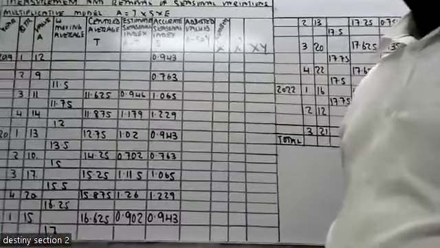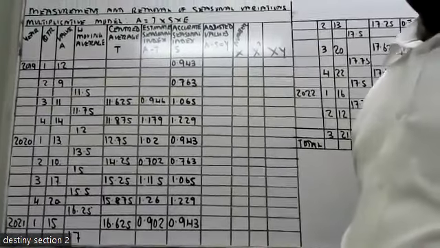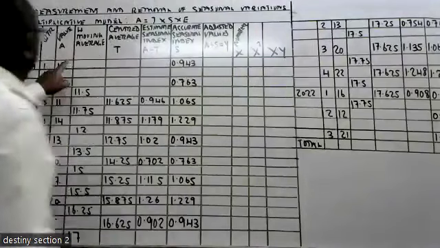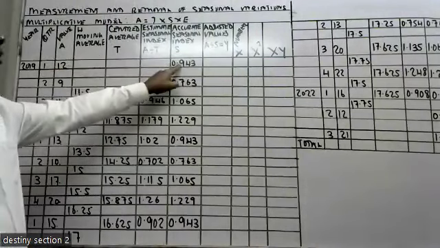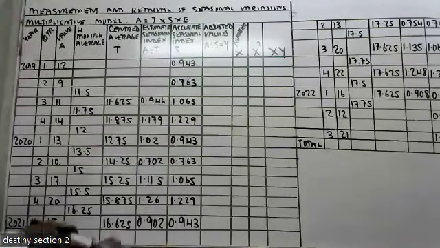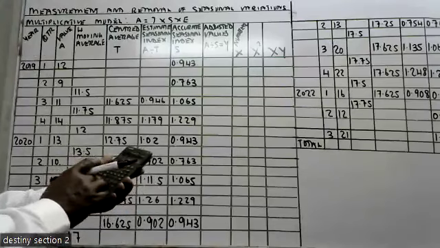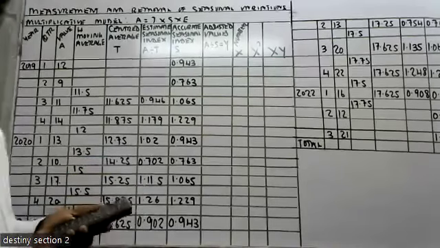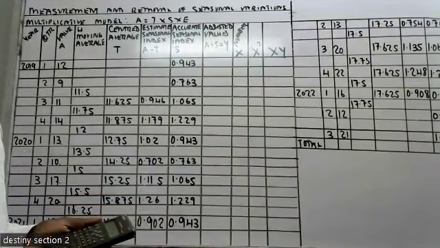You will be taking this value of A to divide by this value of S. And I want us to avoid decimals. So let's go 12 divided by 0.943. If you round up or down, what will be the answer? Without any decimal. You round appropriately.